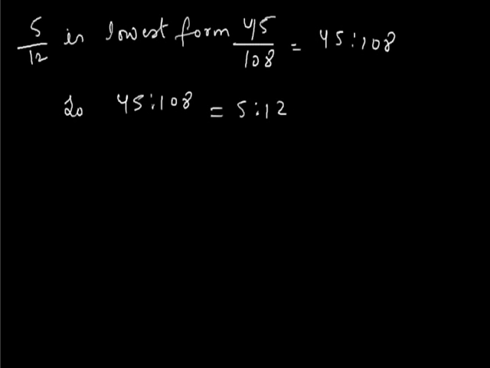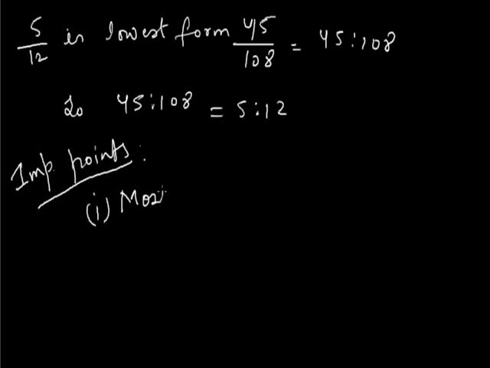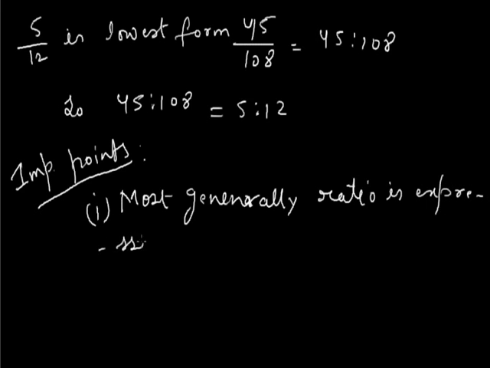Now let us take some important points. The first point is that most generally a ratio is expressed in its lowest form, which I have covered in the previous discussion on how to manipulate the lowest form of a ratio.